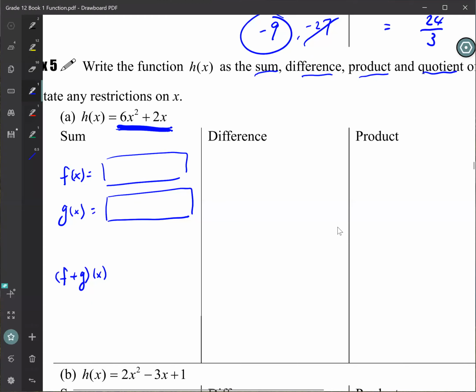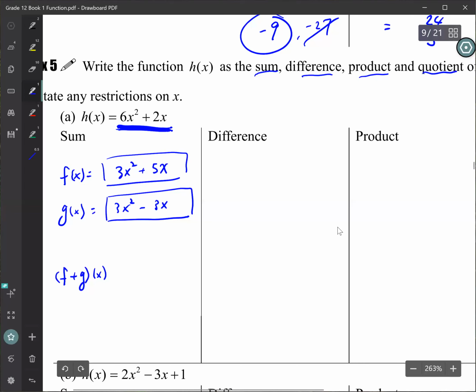What's your 3x squared plus x? Okay, what if I try plus 5x? I'm just making things up. What do you think the g of x has to be? 3x squared minus 3x.